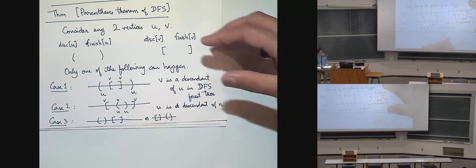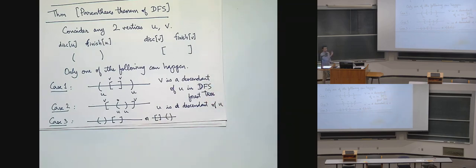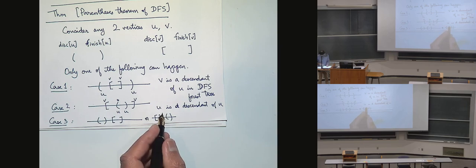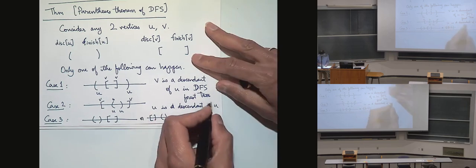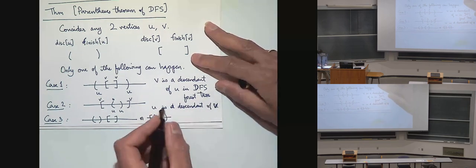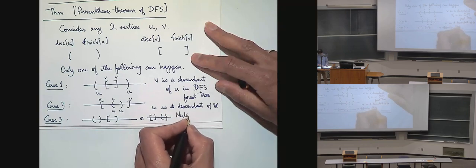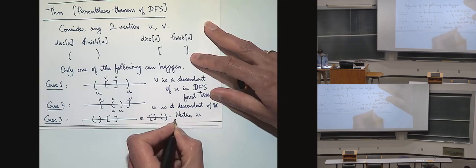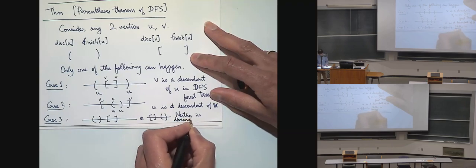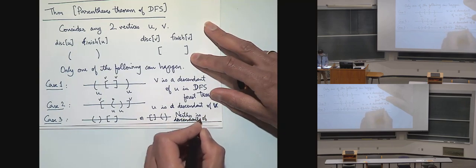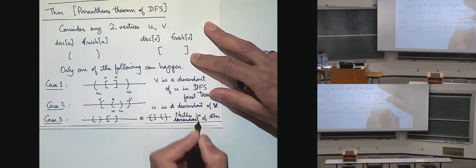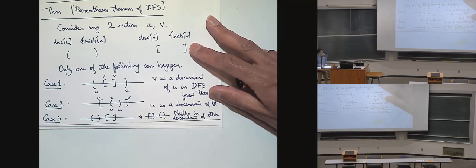I say technically 4 cases, but one is after the other. Question? For case 2, should we use the descendant of V? U is a descendant of V. Correct, thank you. And in case 3, neither is a descendant of the other. Okay, this is really messily written. I apologize.